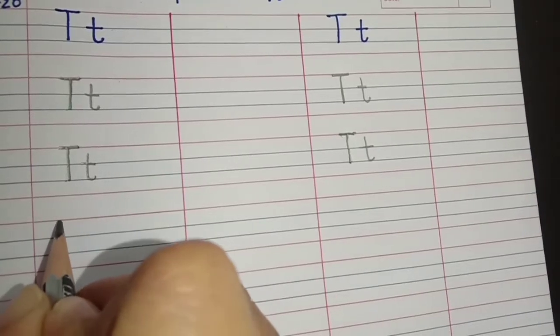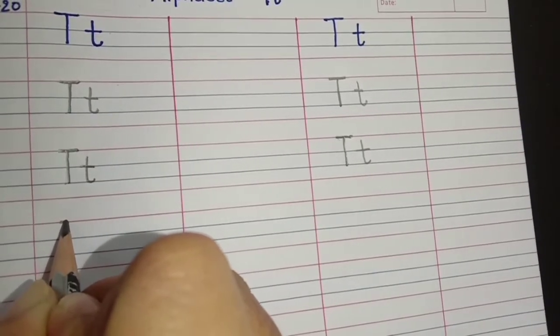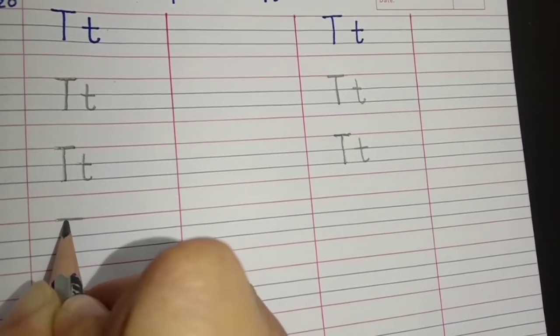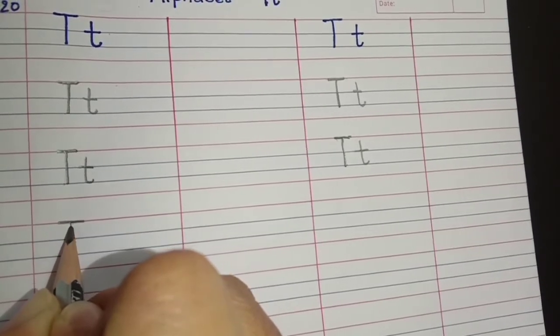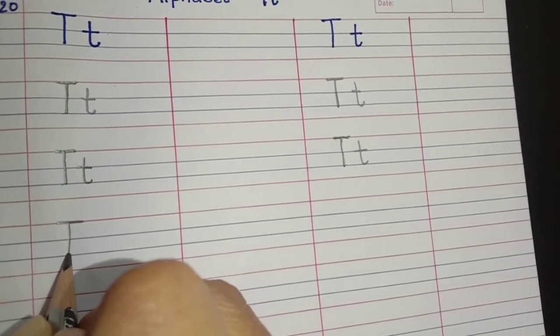For capital T, make a slipping line on first red line, then make a standing line from first red line till second blue line.